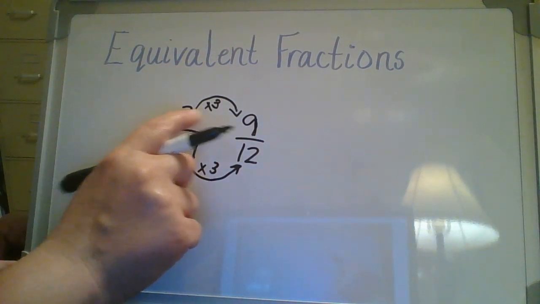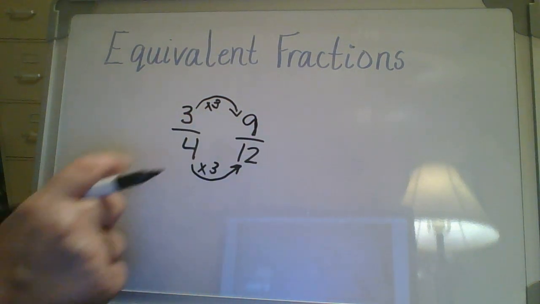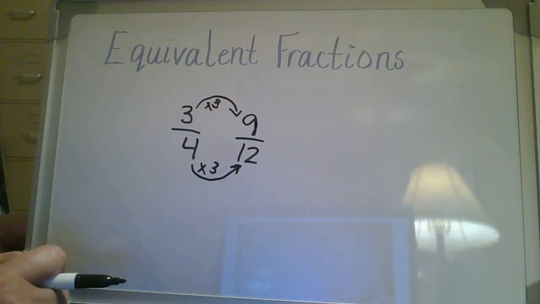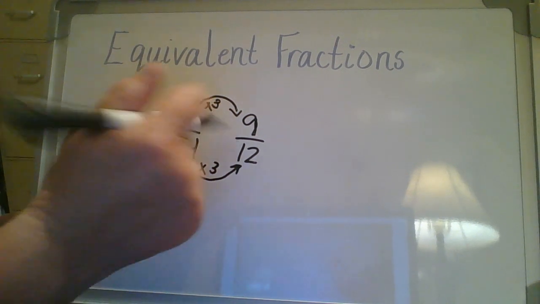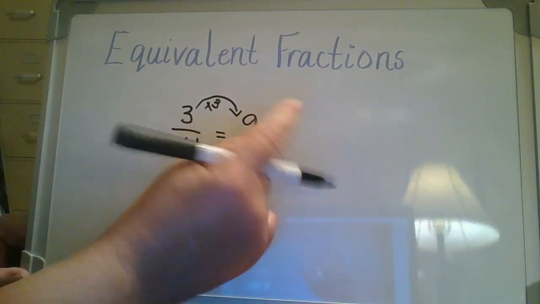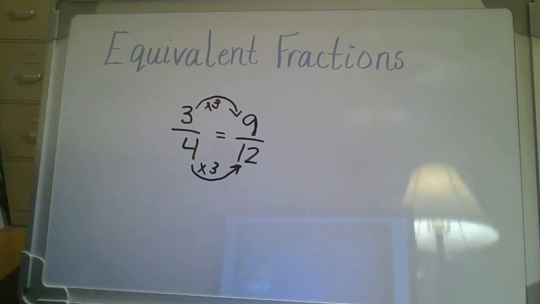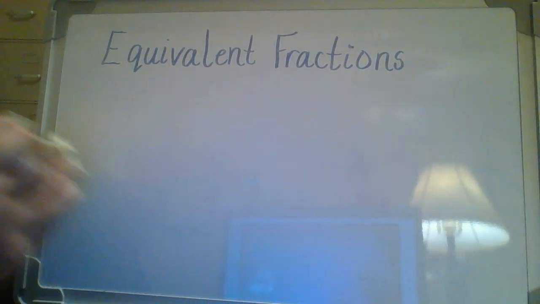So I have 3 times 3 equals 9. Is that a true statement? Yes, it is. So 3/4 is equivalent to 9/12. Okay, let's try another one, and I'm going to leave this one blank, and we're going to fill it in.